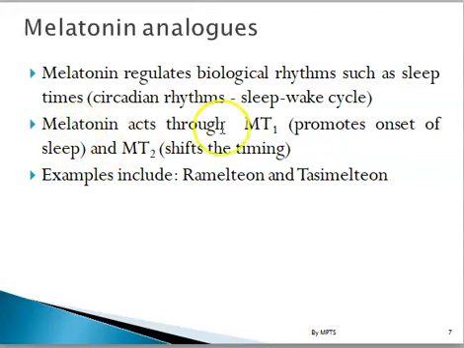Melatonin acts through melatonin receptor 1, which promotes onset of sleep, or melatonin receptor 2, which shifts the timing of sleep. The melatonin analogs include ramelteon and tasimelteon. Remember, this is a short presentation. You can always refer to the books, or contact us for more information.